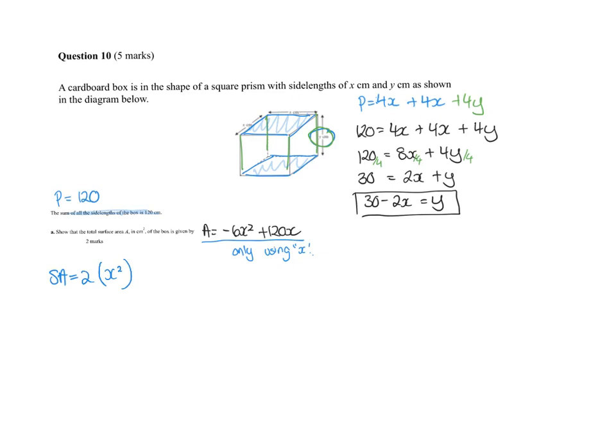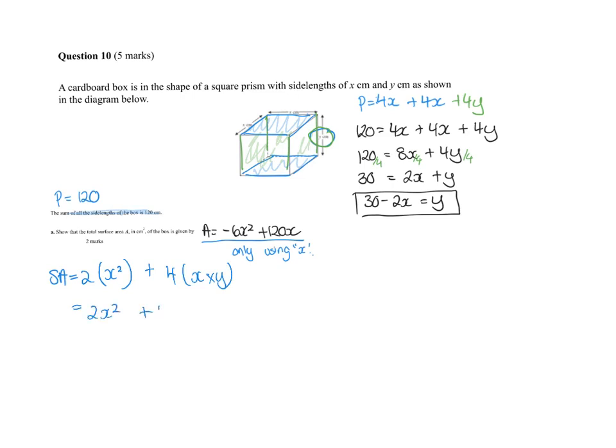And then I'm going to add all these 4 side bits. Sorry, it's hard to see, but there's 4 of those side panels. And so we're going to say plus 4 of the side panels, which are actually a square, which is x times y.